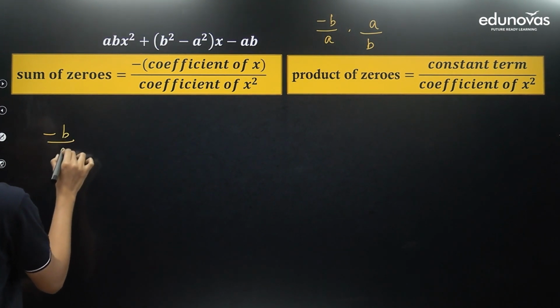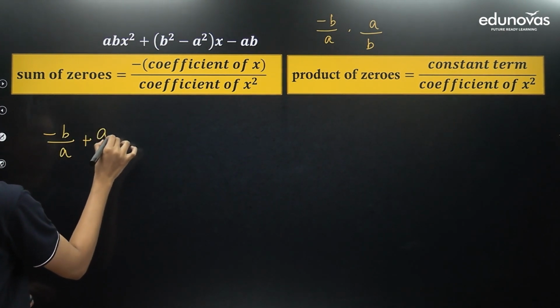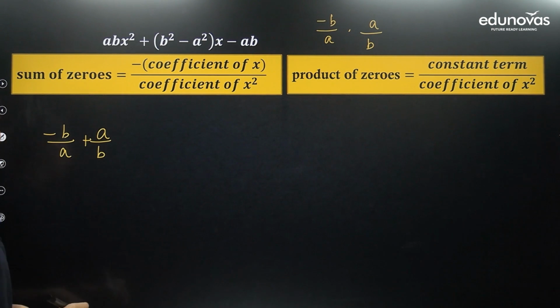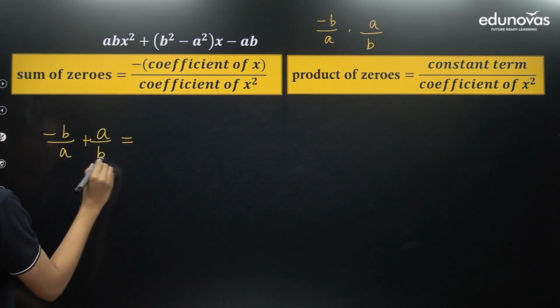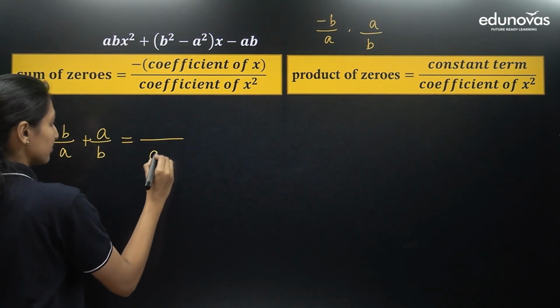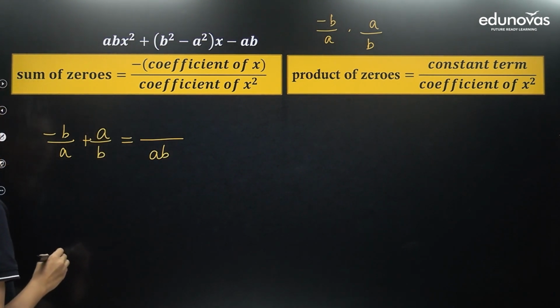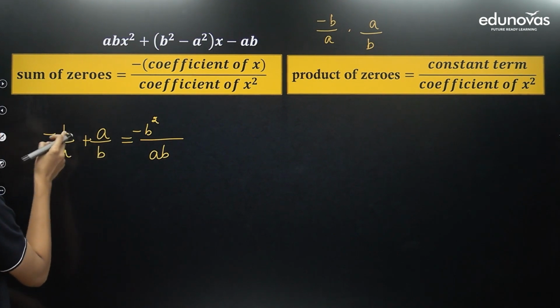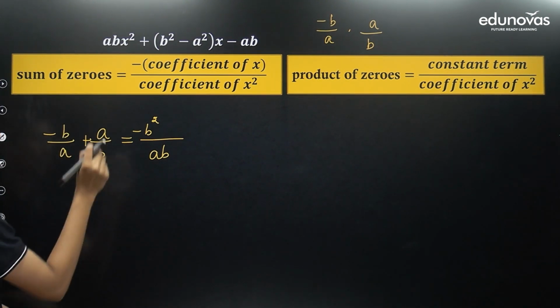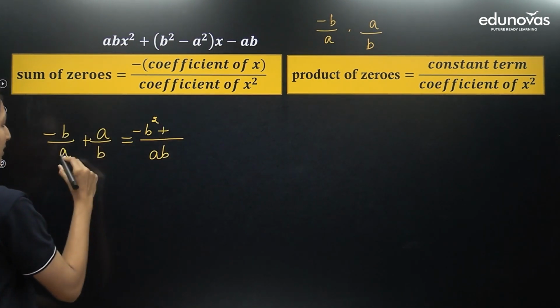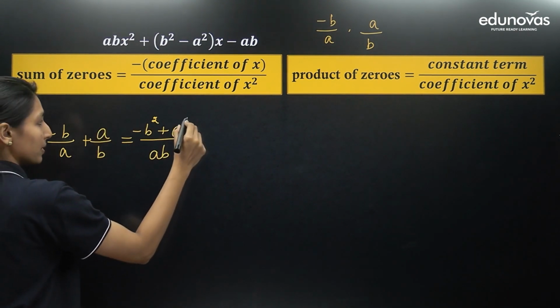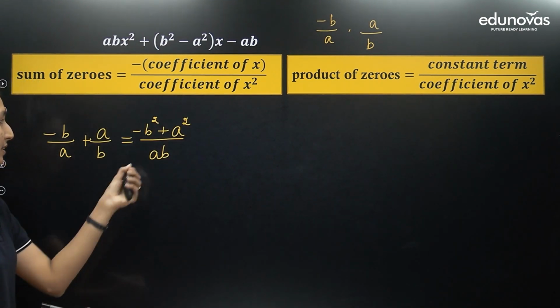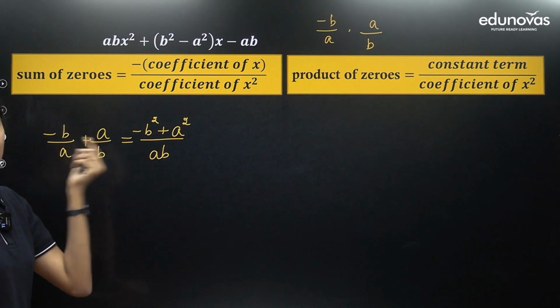It is minus b by a plus a by b. Take LCM. The LCM is ab. On simplification, we get minus b square plus a square over ab. See, this is the sum of the zeros.